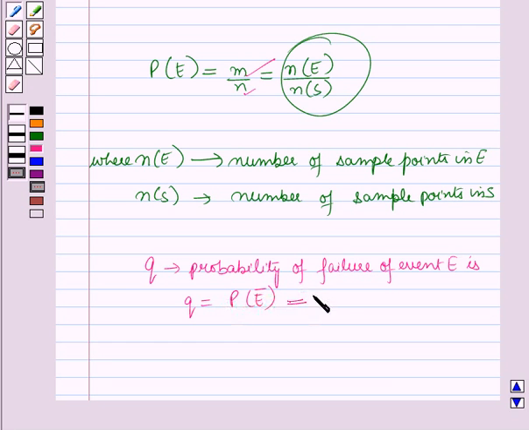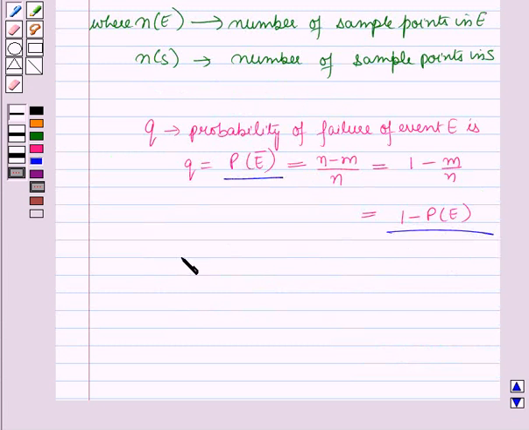So, P of E naught will be equal to n minus m whole upon total number of outcomes, which is n. This is further equal to 1 minus m over n, which is equal to, now m over n is equal to P of E, so this is equal to 1 minus P of E.